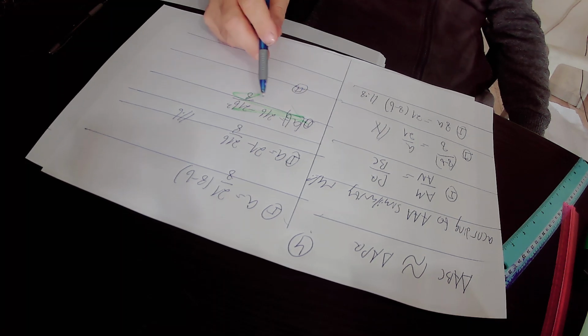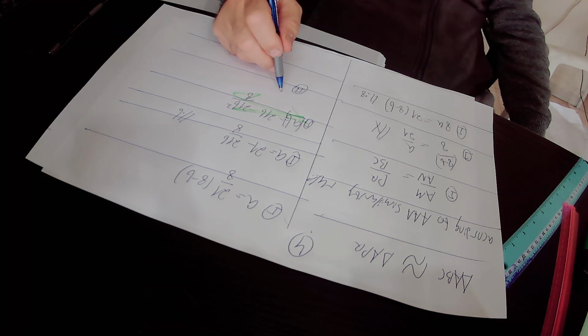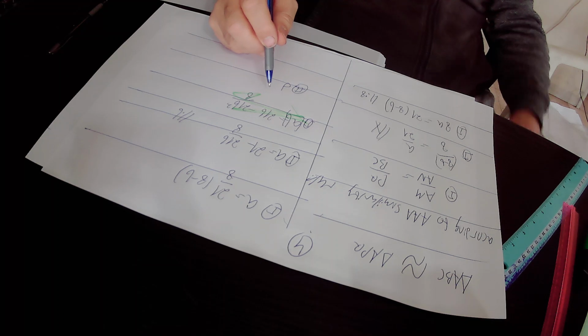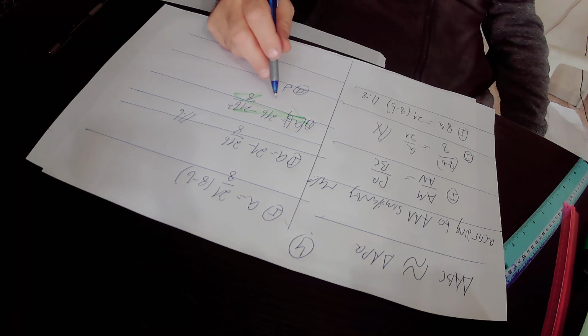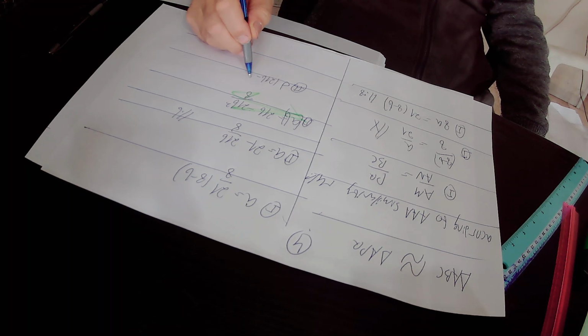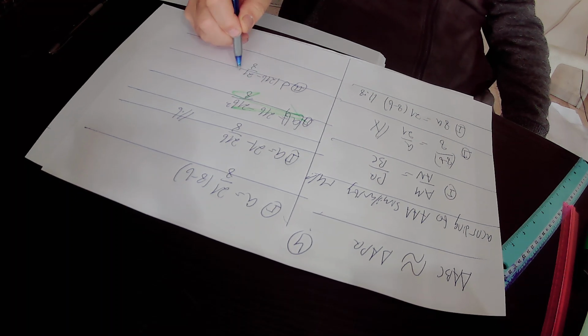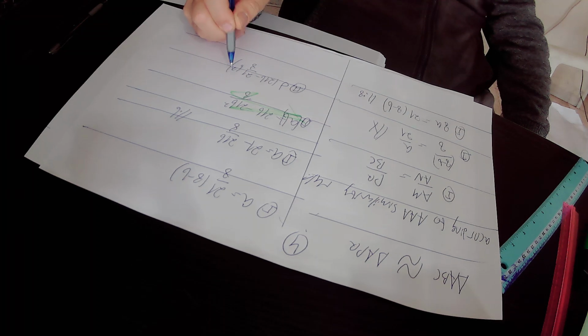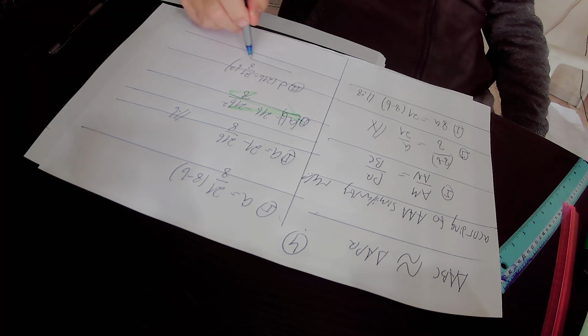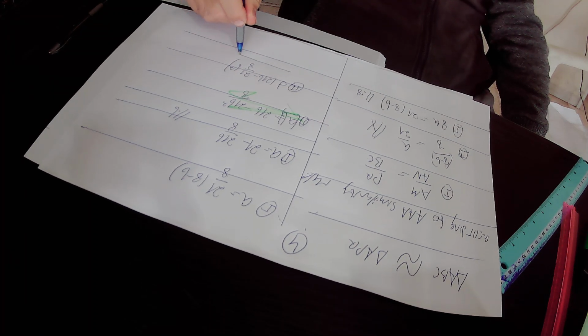Our mission is to find the derivative of this function area. D is the abbreviation for derivative, so we have to find the derivative of this function area, that is 21b minus 21 over 8 times b squared. And we have to differentiate this function area according to the variable b.